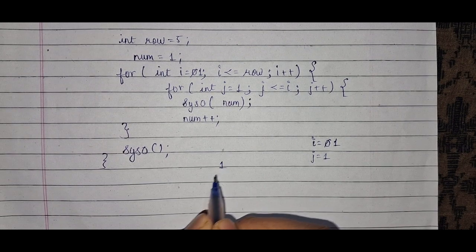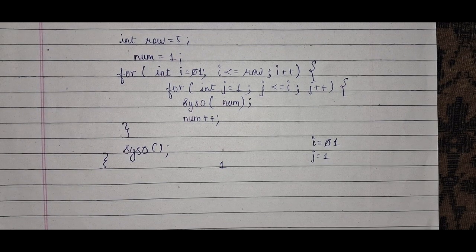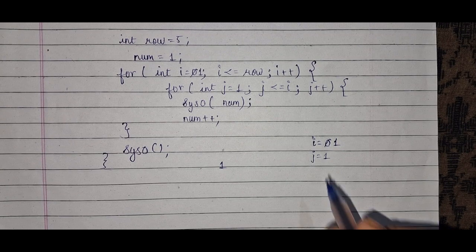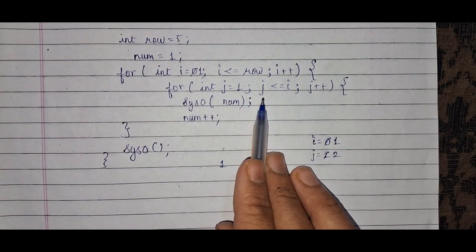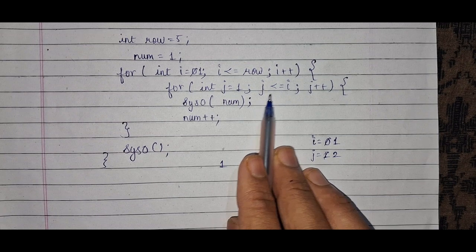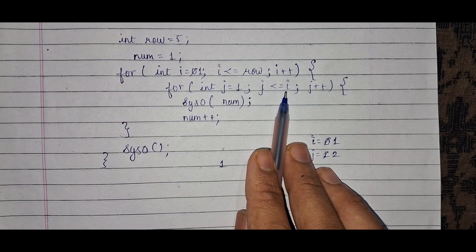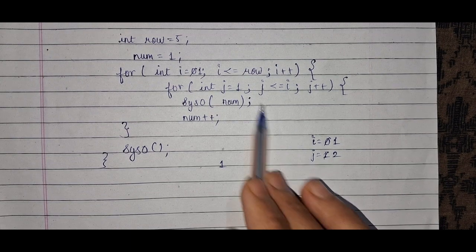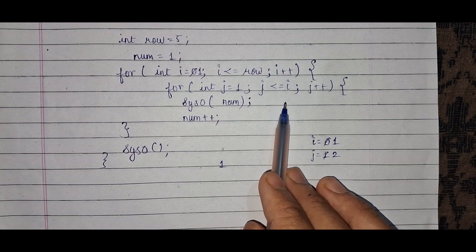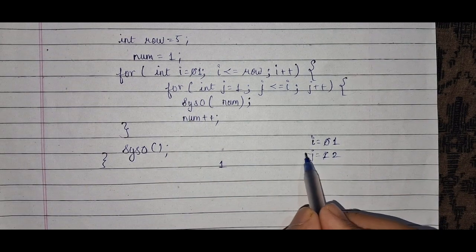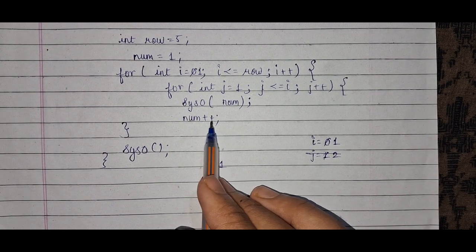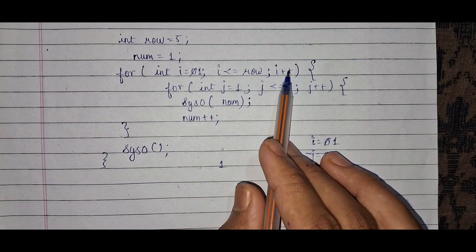So I will write it here. j's value is updated. Now j's value has become 2. Okay, now it will check the condition: is 2 less than or equal to i, means 2 is less than or equal to 1, the condition will be false, then the inner loop gets terminated and again i's value gets updated.